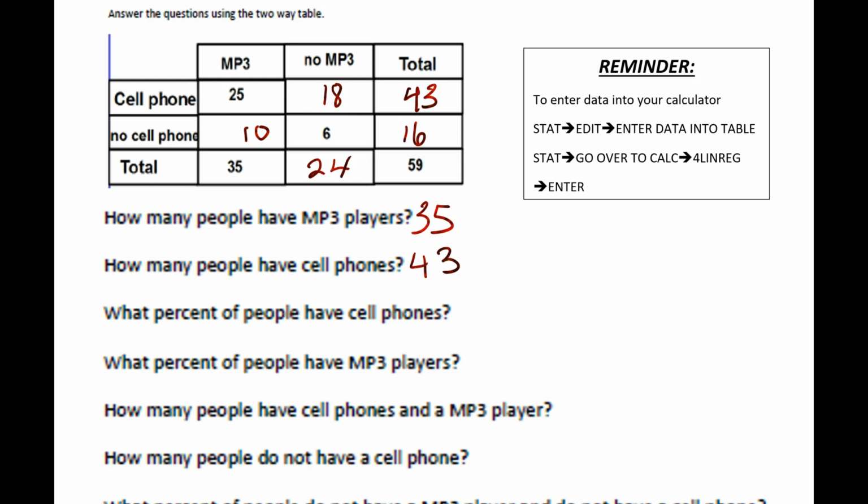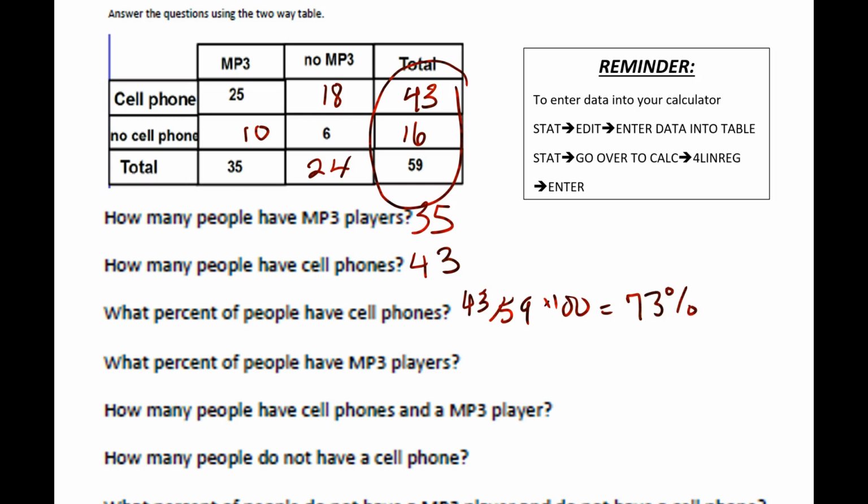What percent of people have cell phones? We're talking about out of all the people, what percent have cell phones? So 43 out of 59 have cell phones, times 100. 43 divided by 59 times 100 is going to give me, rounding to the nearest whole percent, 73%.